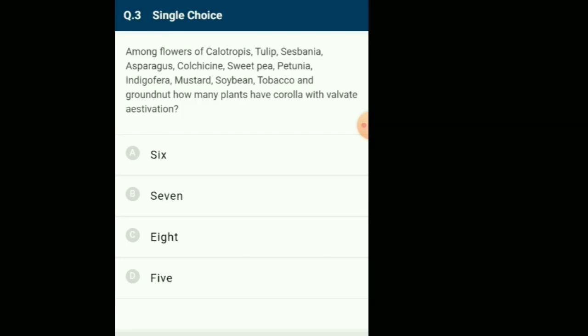Thus, calotropis, tulip, asparagus, colchicine, petunia, mustard, and tobacco have valvate aestivation in corolla, but in Liliaceae, tepals have valvate aestivation. So the answer is option B, 7 flowers.